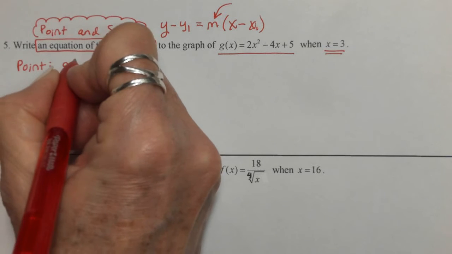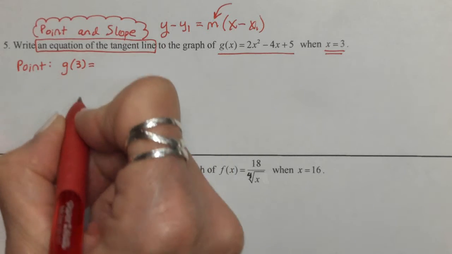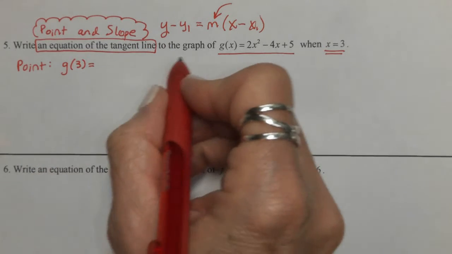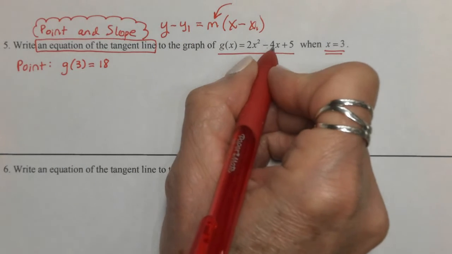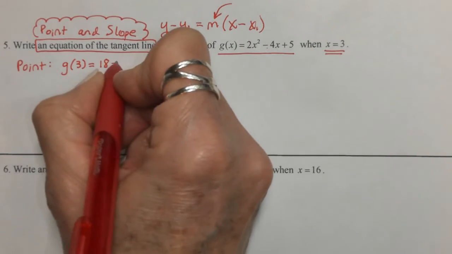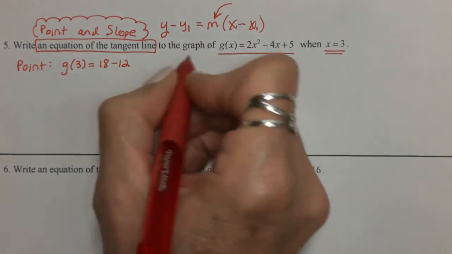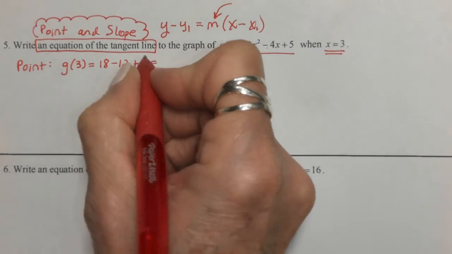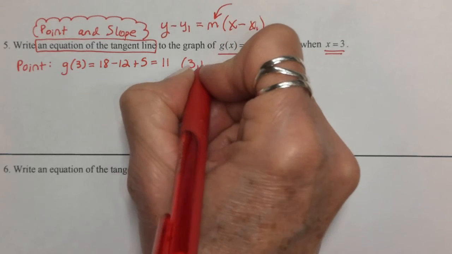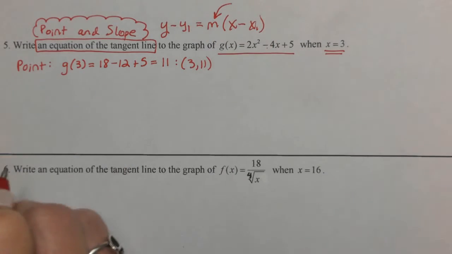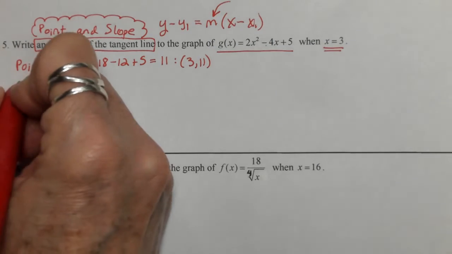So we are finding g at 3 to get the point. This will be 2 times 9, which is 18, minus 4 times 3, it's negative 12, and then plus 5. 6 plus 5 is 11. So the point is (3, 11). Okay? Now for the slope.